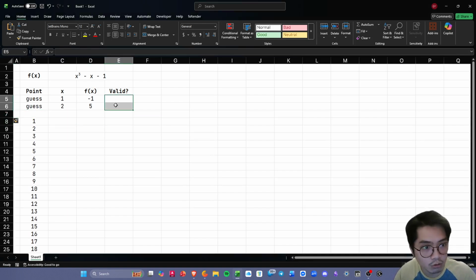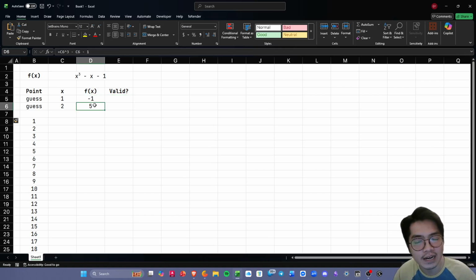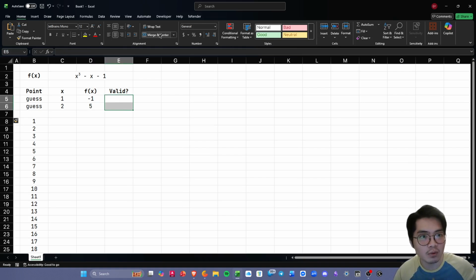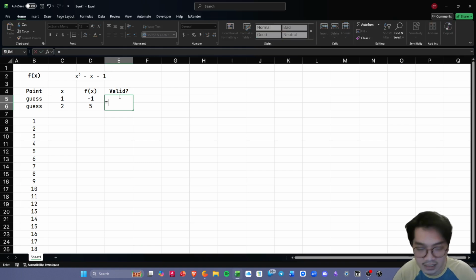In this case, if we multiply these values, they should be negative. It's fine if this is positive and this is negative, so long as we have something that is different. So I will merge and center this.